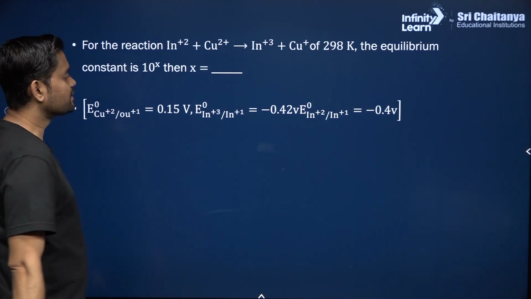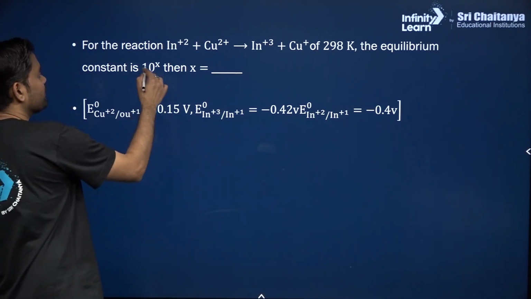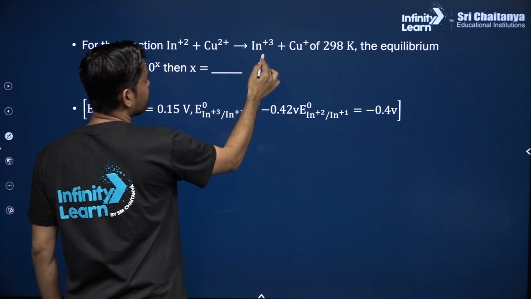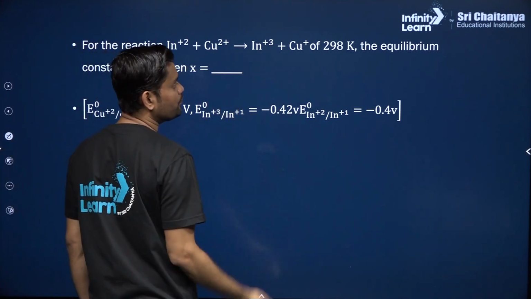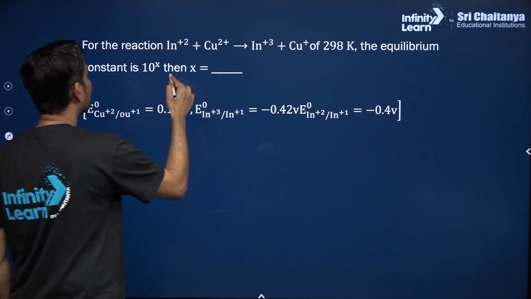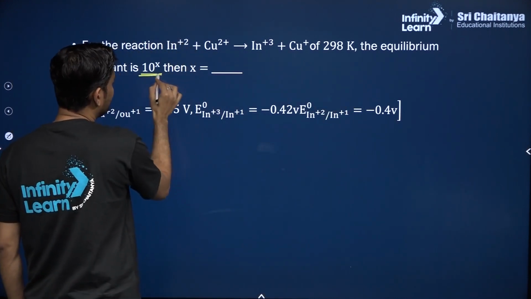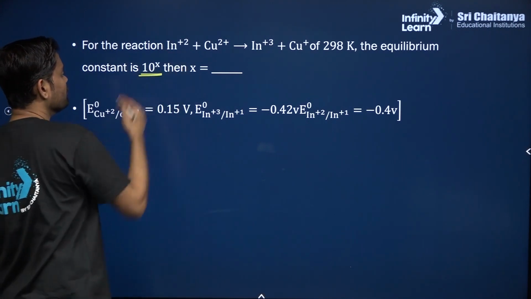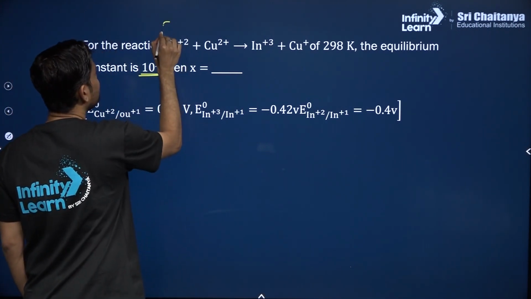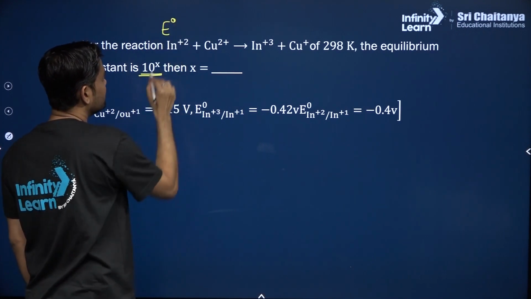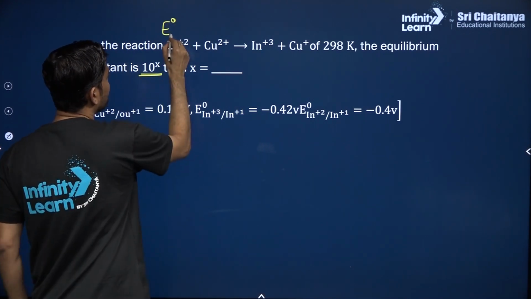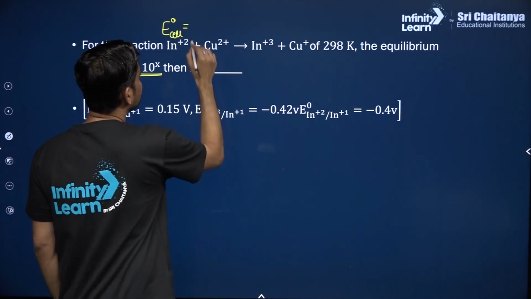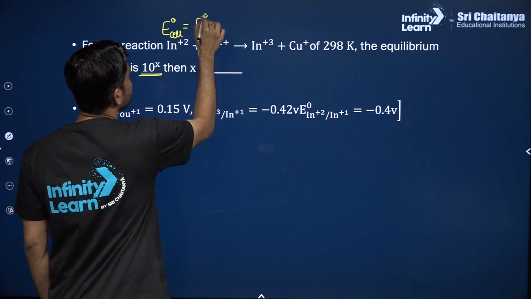For this particular reaction, iron 2 plus and copper 2 plus give you iron 3 plus and copper plus at 298 Kelvin. The equilibrium constant is 10 raised to x. What is the x value? First of all, for this E naught of cell, E naught of cell will be equal to the cathode.